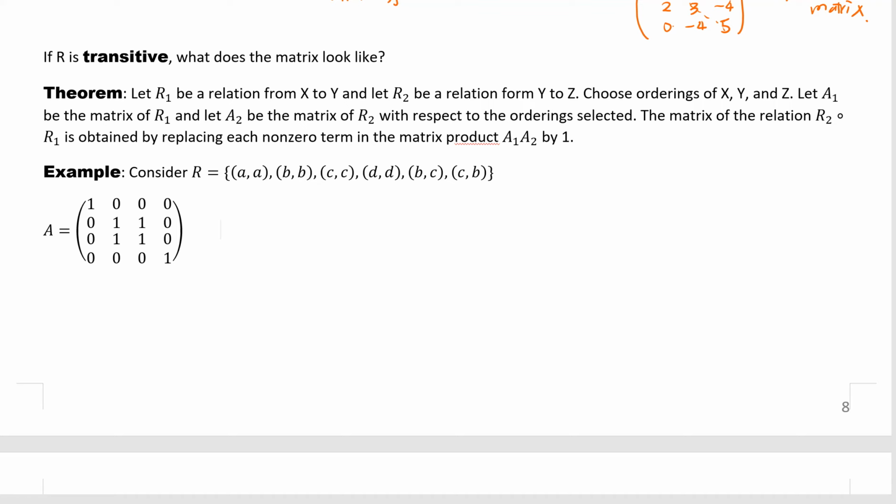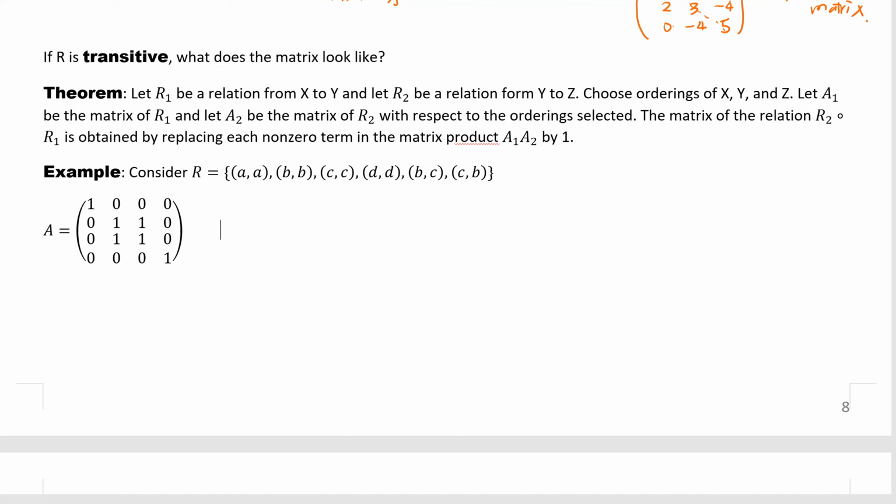Then the matrix of the relation R2 composite R1 is obtained by replacing each non-zero term in the matrix product A1 A2 by 1.